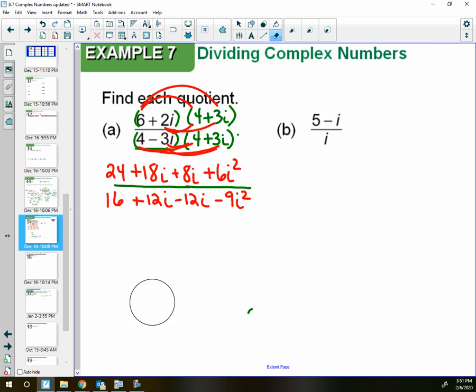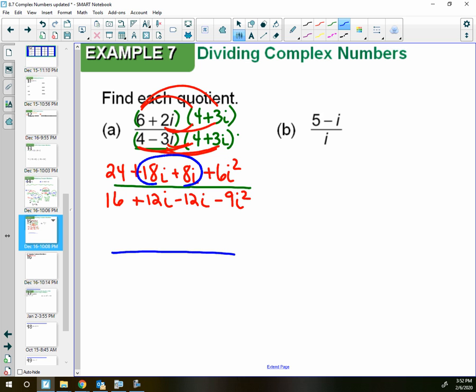All right, so let's see if we can simplify a little bit and put some things together. Let's look at the numerator first. We have an 18i and an 8i. So 18 plus 8 would give you 26i. We had a 24. And then we have this plus 6i squared business. Remember what i squared is. Every time we see an i squared, that's a negative 1.